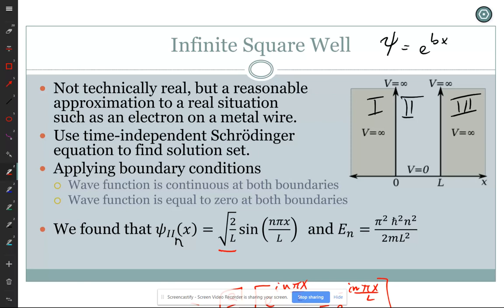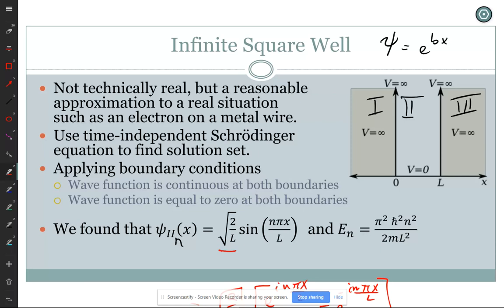Well, we're going to do an example. In the textbook, if you look on page 35, it gives an example of where we start our system at time equals 0. So that's why it says capital psi x 0 is ax times a minus x, which is graphed down below.